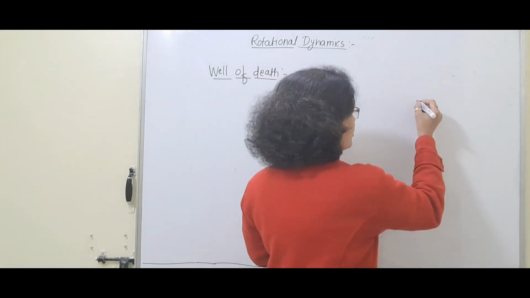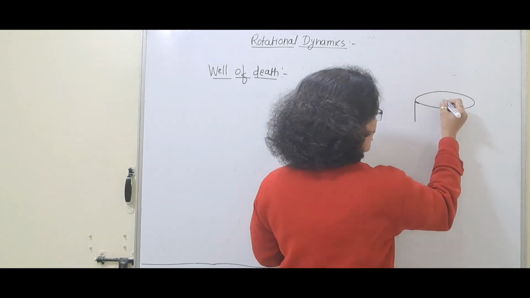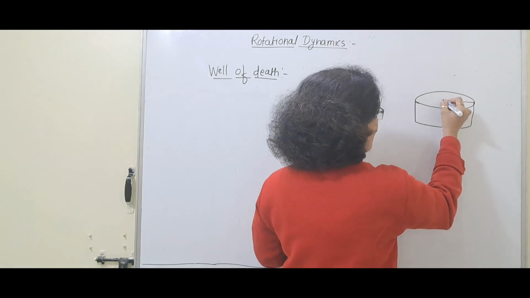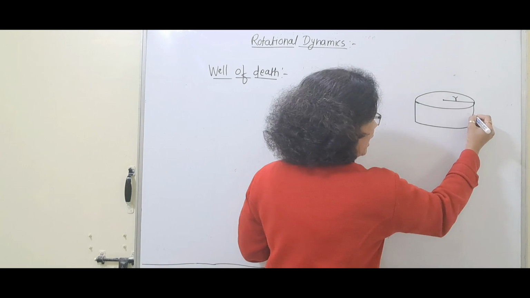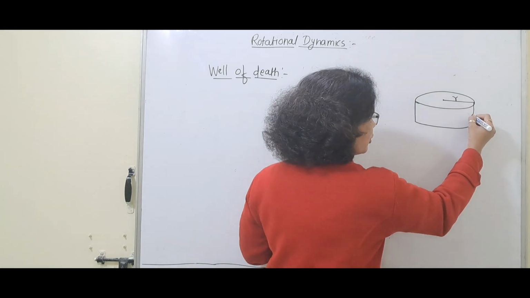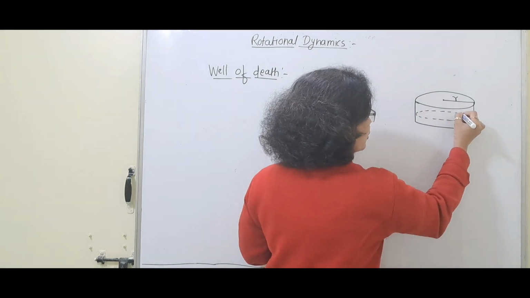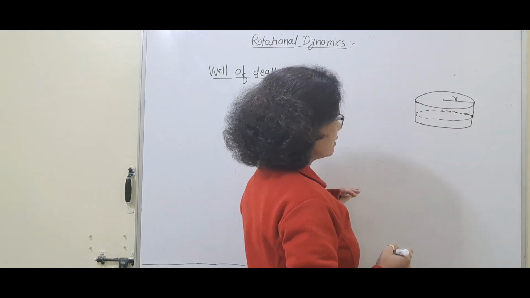For this we have to consider one well of radius r. Now, I am going to consider one motorcyclist making a circular motion in this path.